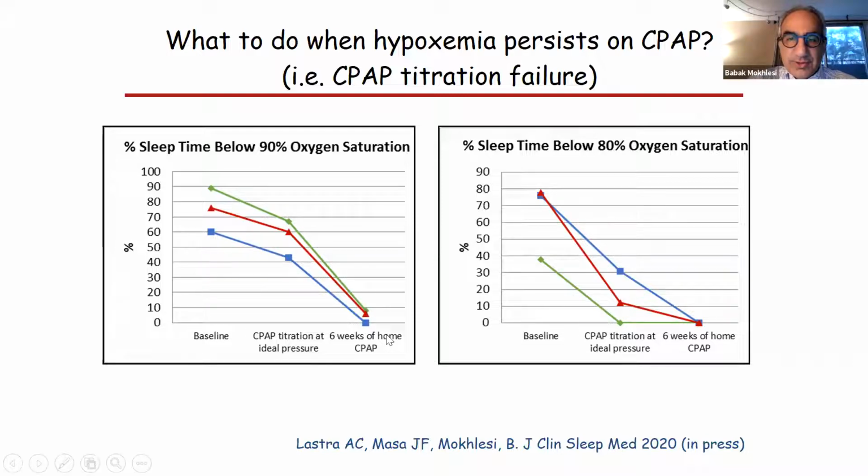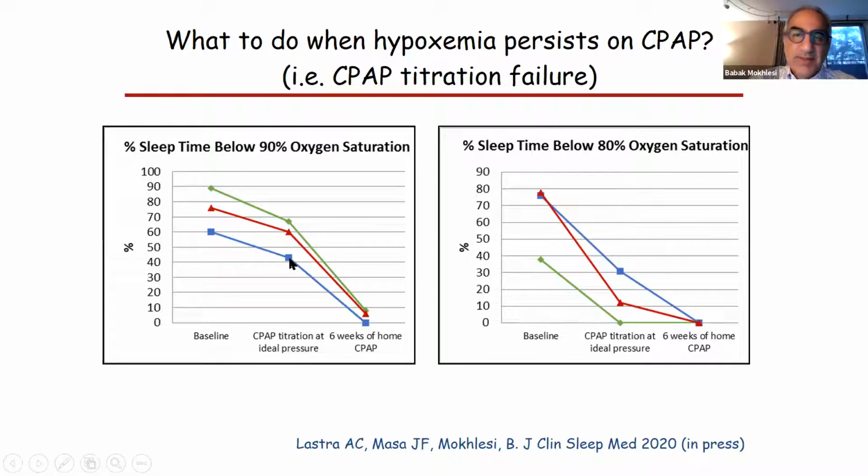So 3 PSGs. Each line is 1 individual. So the green guy, the red guy, the blue guy, 3 patients. And what I want to share with you, so these are people who were randomized to CPAP, who had significant hypoxemia on the ideal CPAP pressure. When I say ideal CPAP pressure, 2 of these patients are on CPAP of 20, and the AHIs were close to 0, but they had significant hypoxemia.